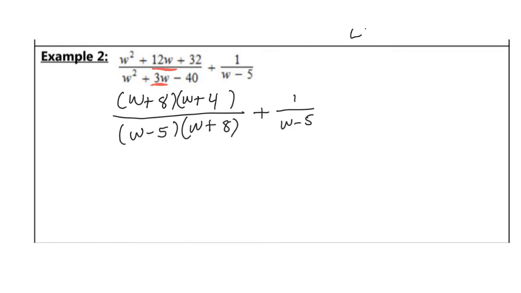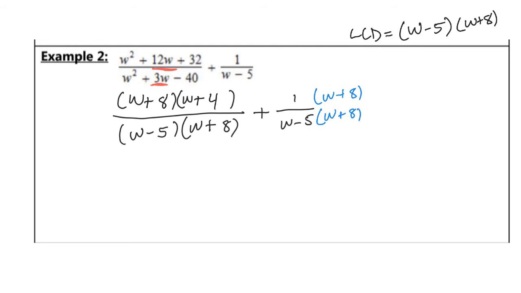So the LCD, both have w minus 5, but we also have a w plus 8. So what I'm going to do is multiply my second fraction's numerator and denominator by w plus 8.